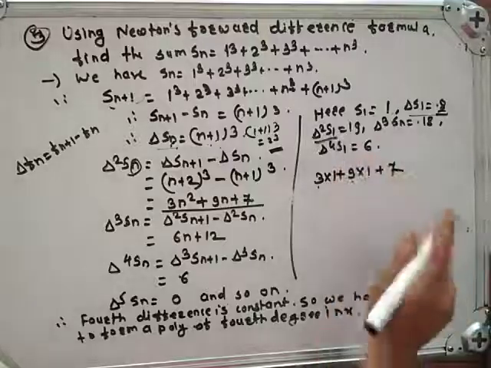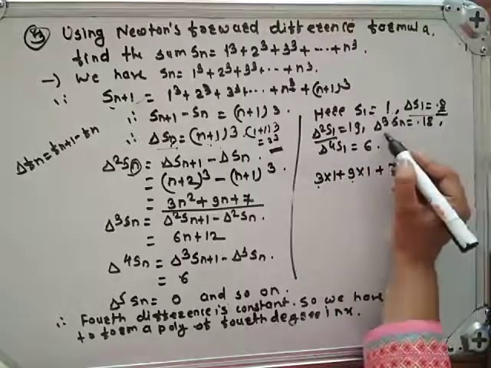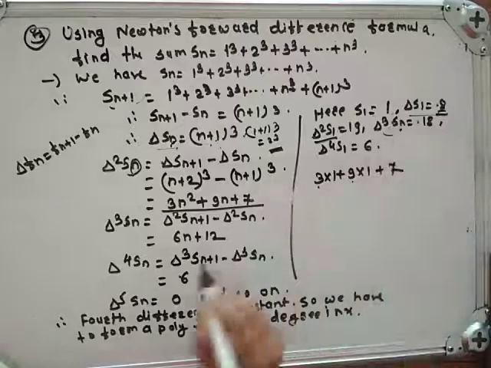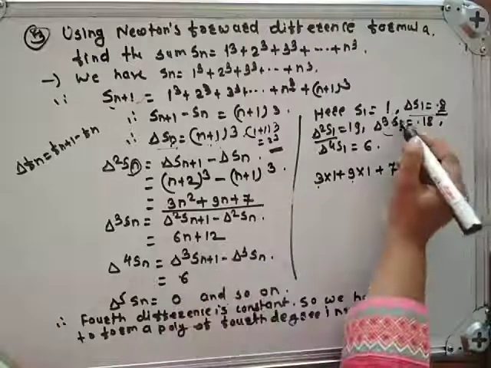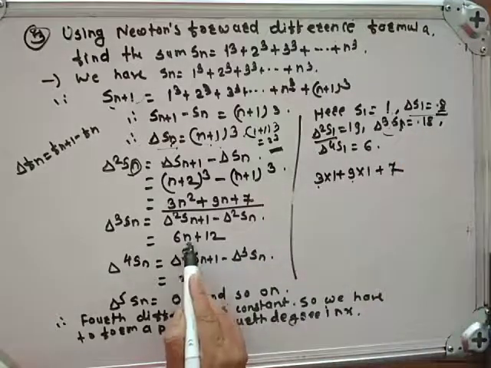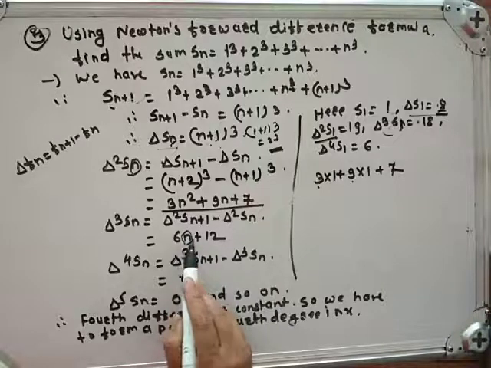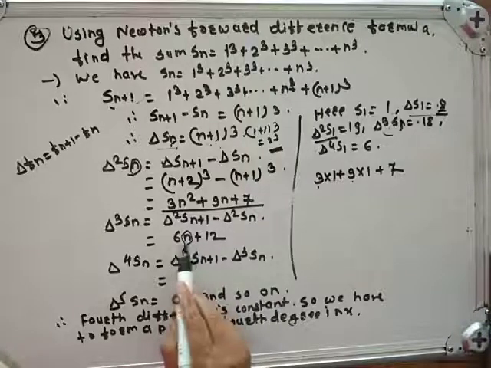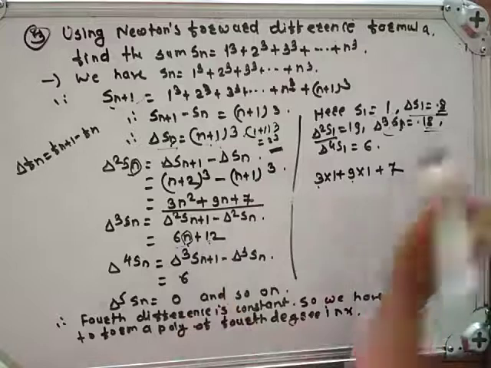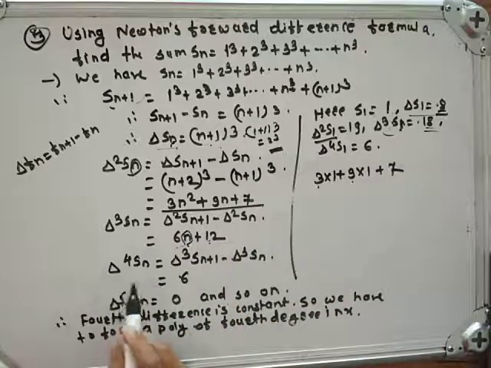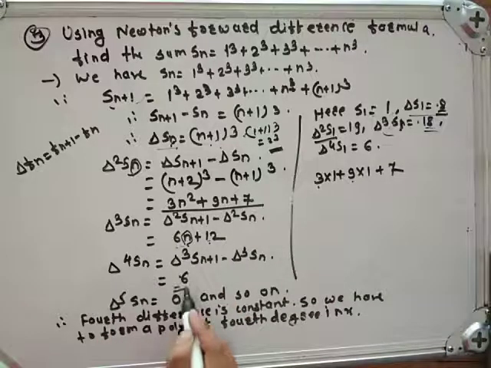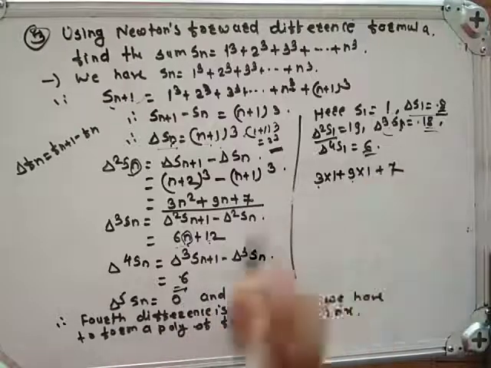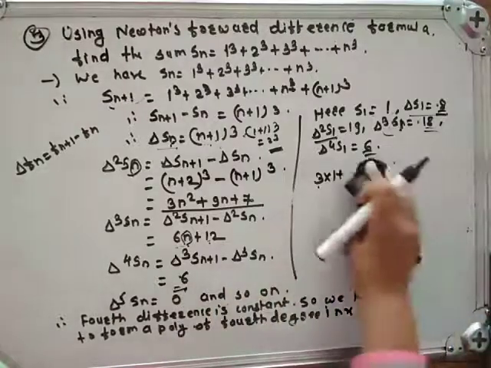So delta square S1 is equal to 19. Next is delta cube S1. Put n equal to 1, so you will get 6 plus 12, which is equal to 18. And delta raised to 4 S1 is 6, which is constant. So obviously it is as it is.